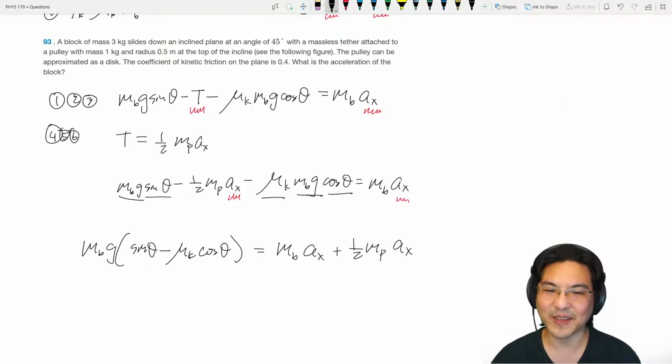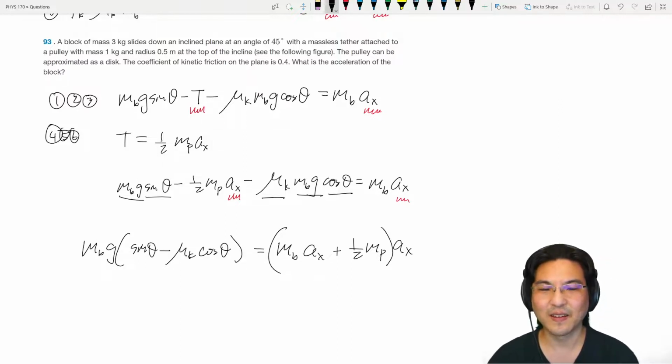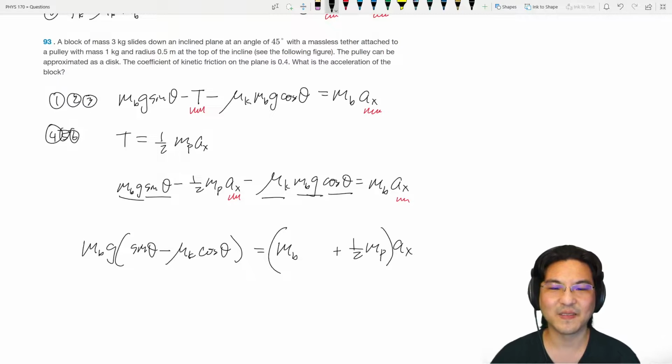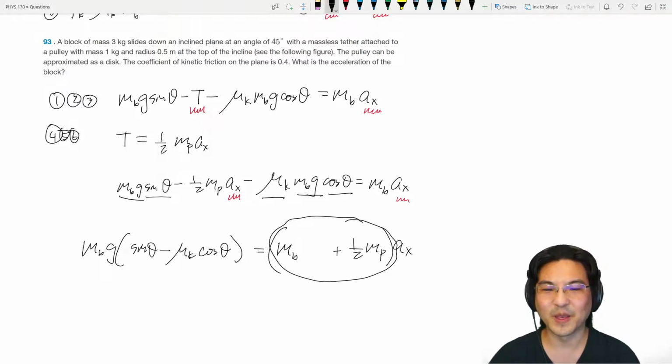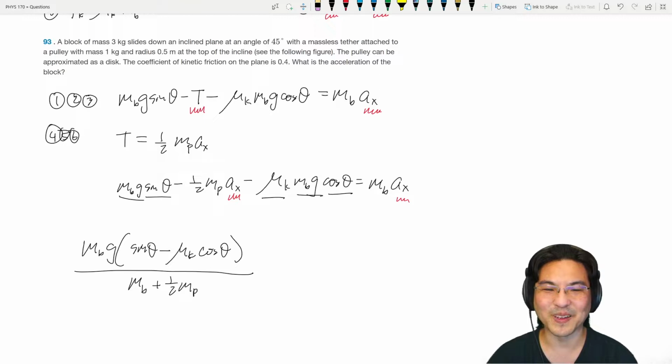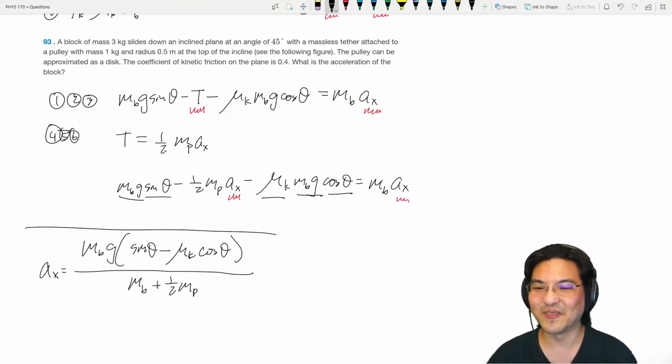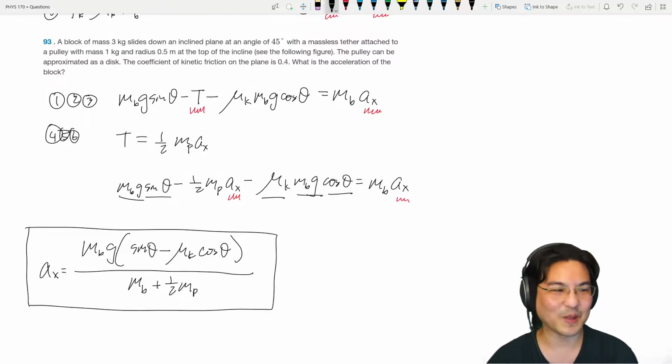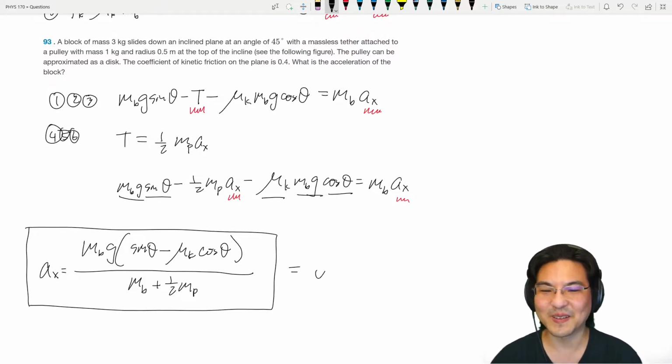Looks like I can factor AX out of there. And then I can take this and move it to the denominator. You have it on video. If I were writing on paper, I would write these as separate steps. And there you go. Then you just plug in the numbers in the calculator.